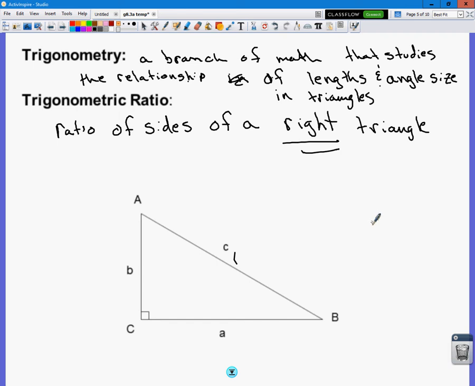No. How about acute triangles? No. Specifically, we're only going to use them if we're dealing with what? Right triangles. Everybody good?